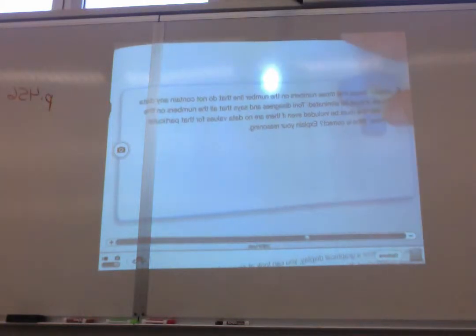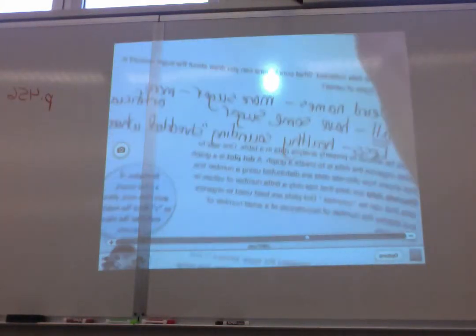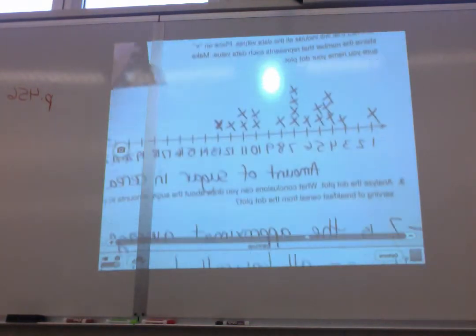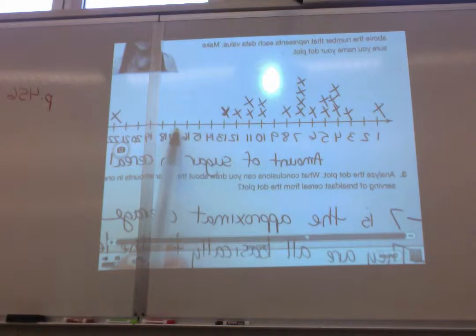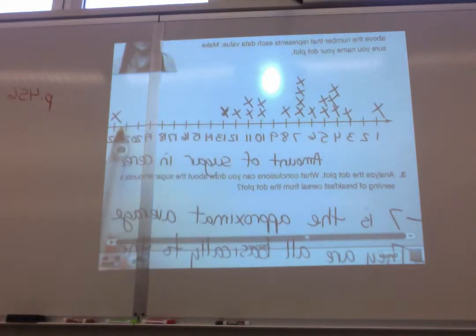Okay, so if we're making one of these dot plots, Jordan is saying, why in the heck did we put in 14, 15, 16 numbers like this if we don't even have any sugar that have them? Maybe we should make a plot without those numbers and just skip from 13 to 22. That's what Jordan says. Tony says, no, it is important to show all of the numbers on this line, whether they have a cereal that has that amount or not.